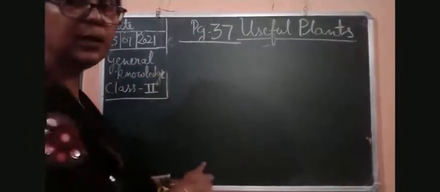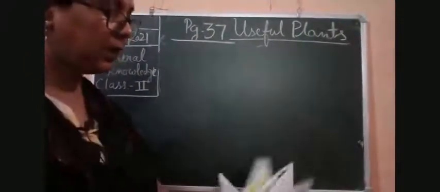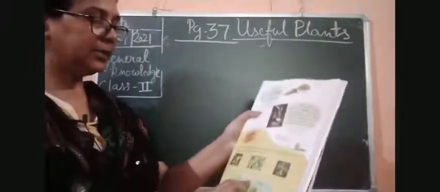Okay, on page number 37 you will see this exercise, and in this exercise you have to recognize amla, tulsi and pudina. Okay, we have to recognize which image is of the tulsi plant, which image is of pudina, and which image is of amla. Okay, you can see.